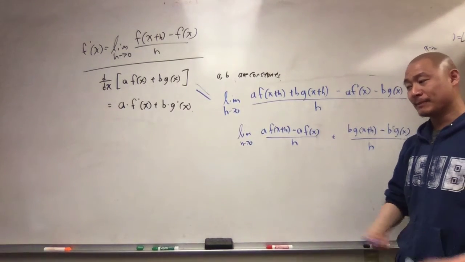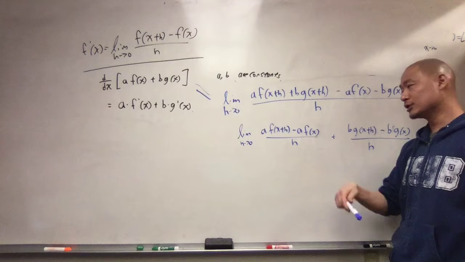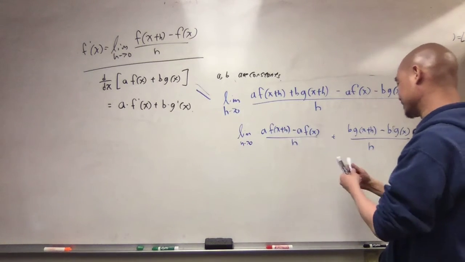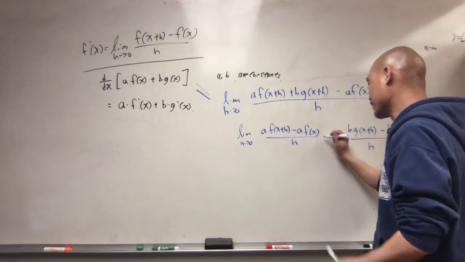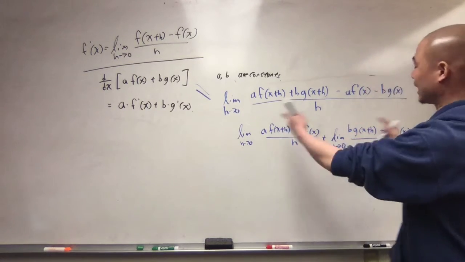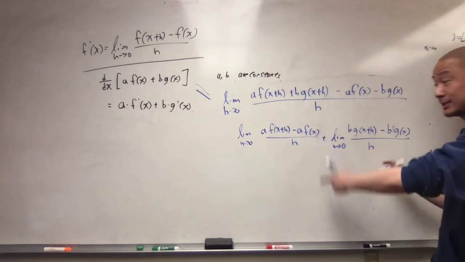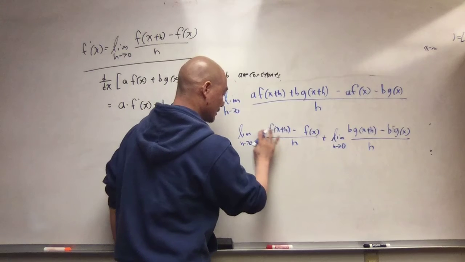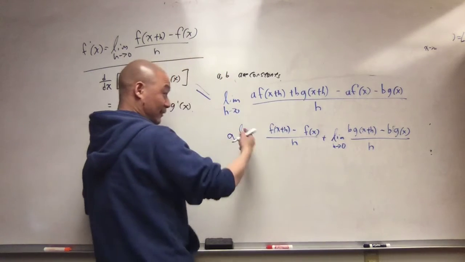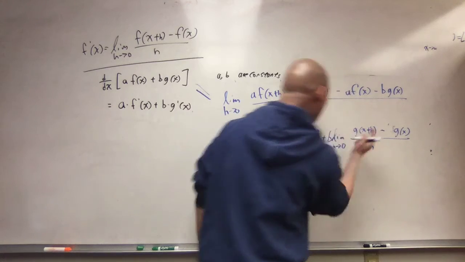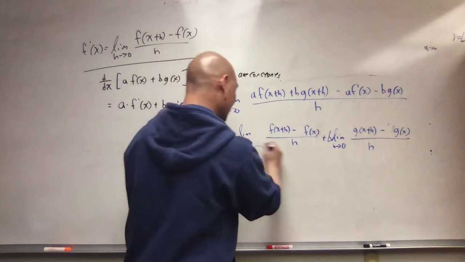But you might remember from 2 chapters ago that a sum of limits is the same thing as a limit of a sum. And I can factor a common a out of this first thing, and I can factor a common b out of the second thing.